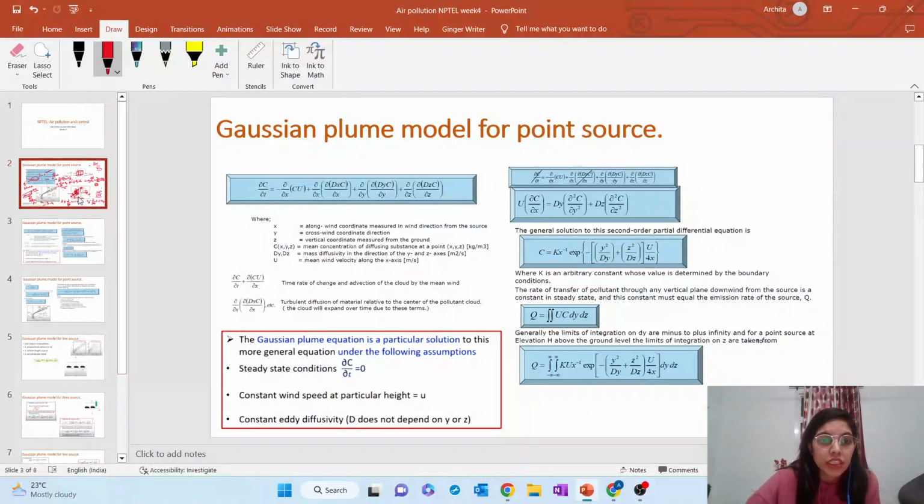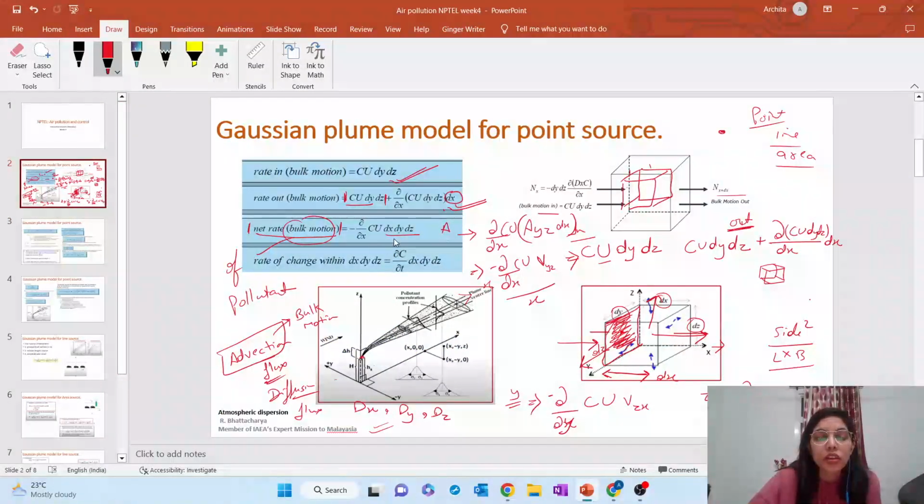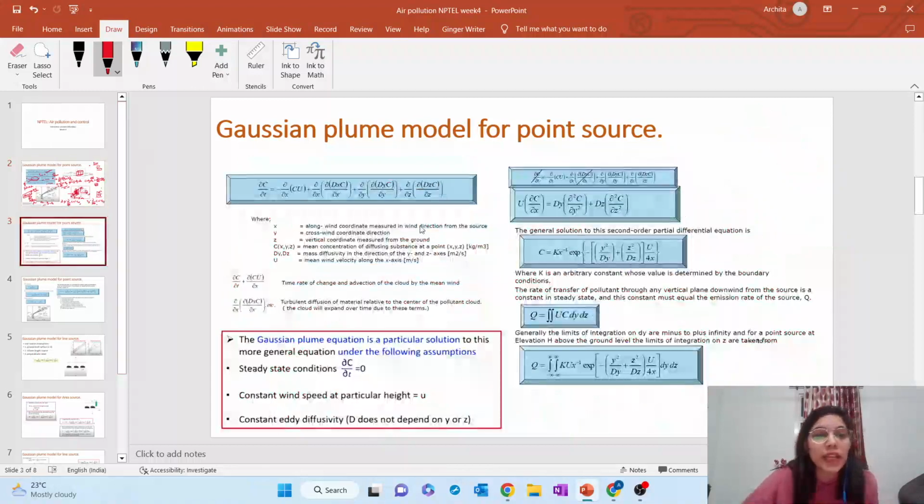Here it's written what the net rate of motion is. Now if I need to find the change in concentration, then we can write the change in concentration with respect to time multiplied by displacement in all three directions, right? And if I use this and these three equations which we have written here, the final equation would be like this.